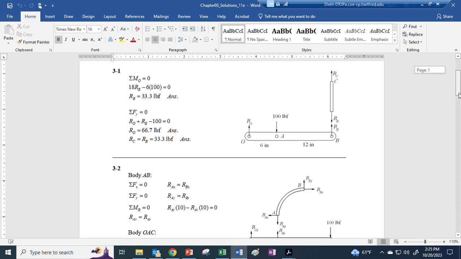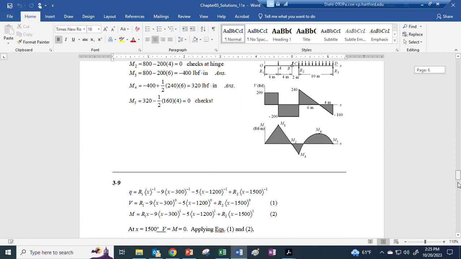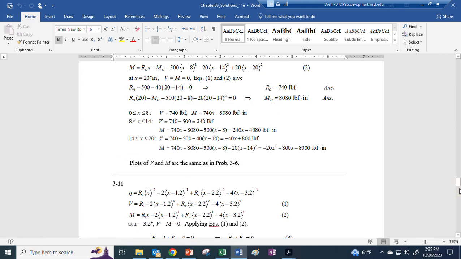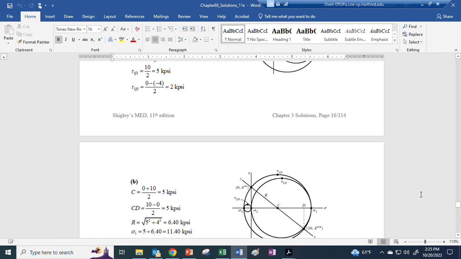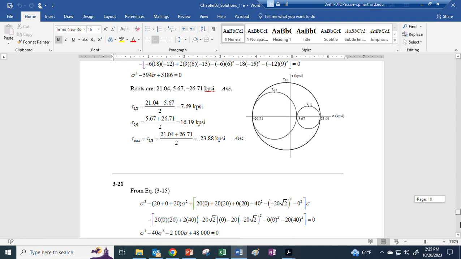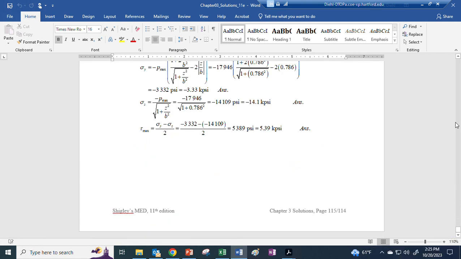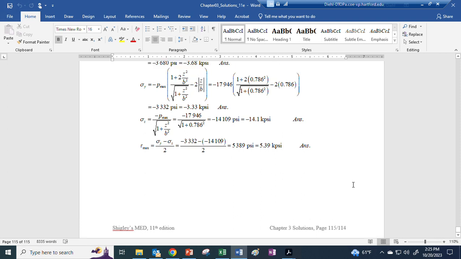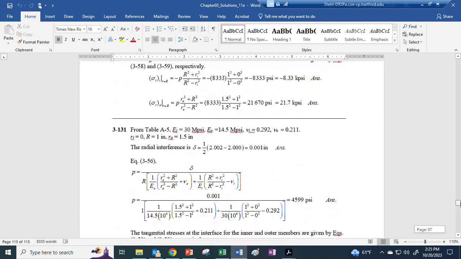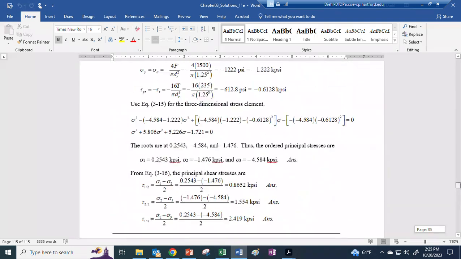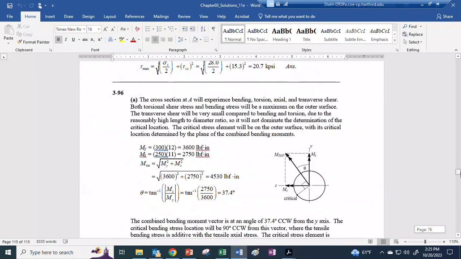And what color is this? It was 80. How come it only goes to... Oh, there you go. It jumped. Motion sickness.